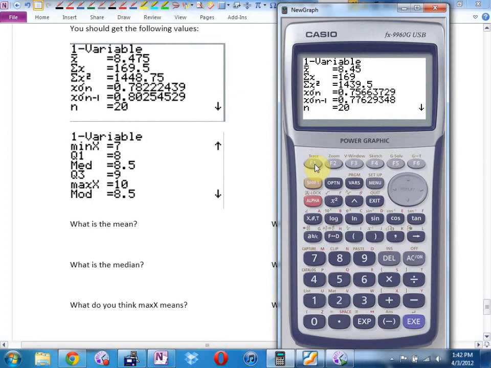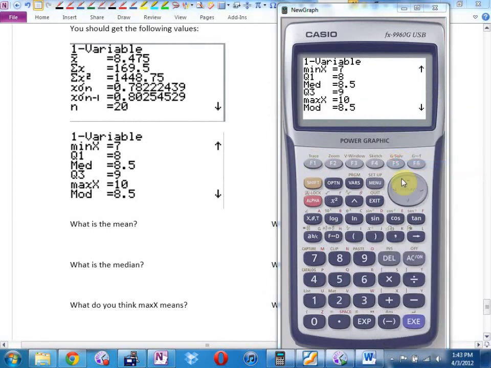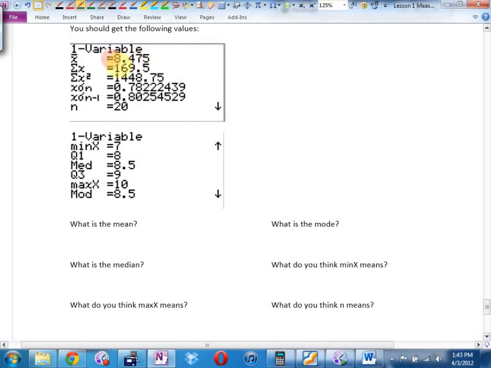Nope! I made a mistake in mine. So when I did this a few days ago, clearly I made a typo. You all got the same answers as me over here? Scroll up, sorry. 8.45, is that right? Okay, so I'll quickly fix this.